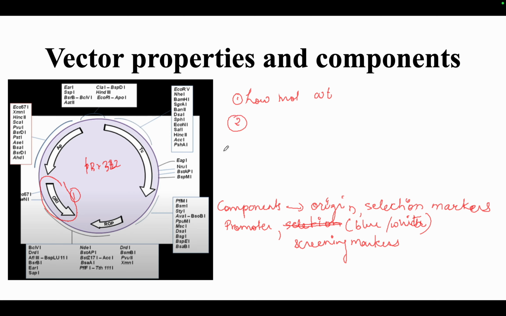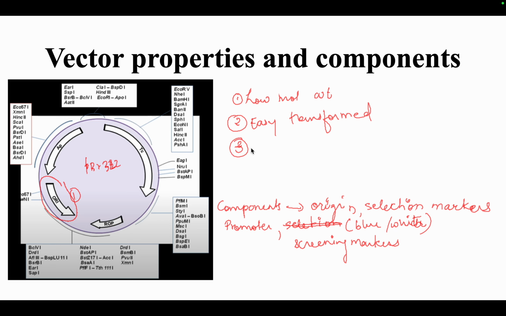So it should be low molecular weight, then it should have easy transformation, it should be easily transformed into the host cells.